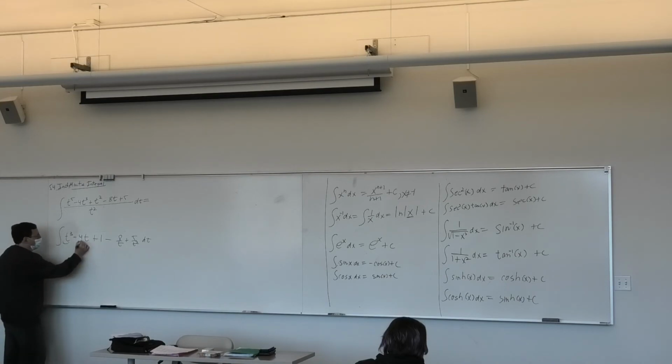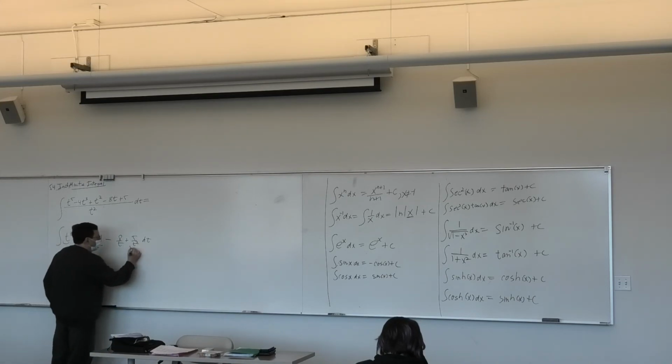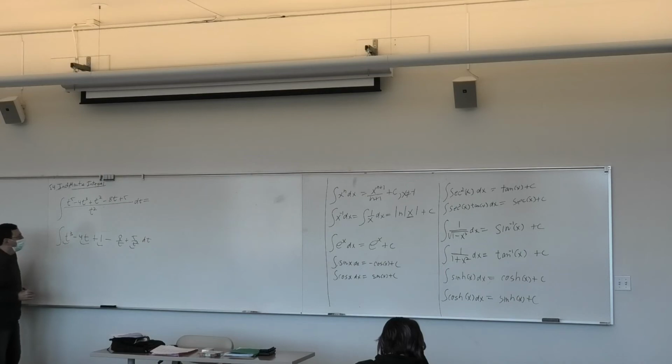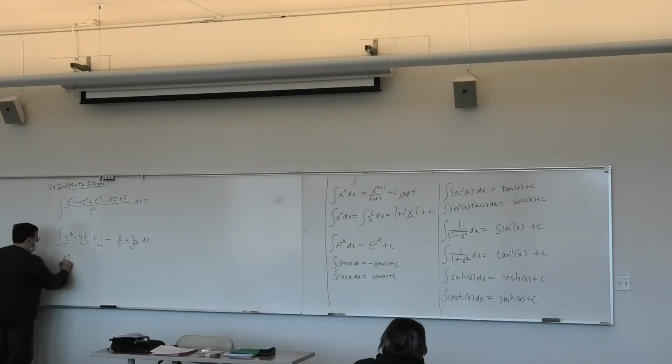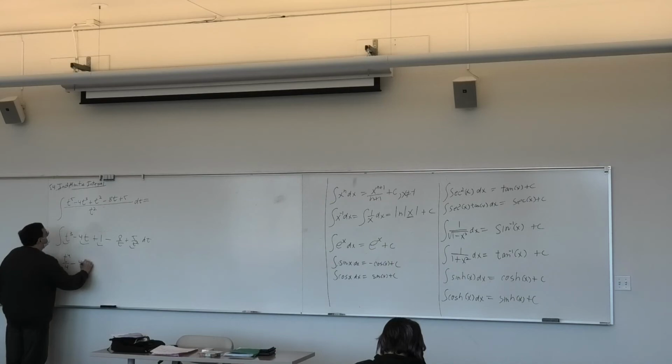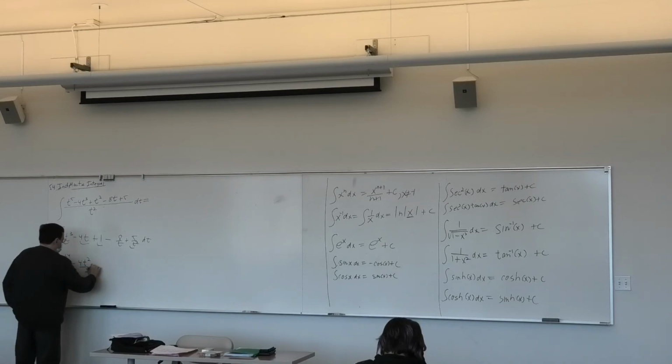So for 1, 2, 3, 4, we're just going to use the reverse power rule. It's going to be t to the 4th over 4 minus 4 t squared over 2 plus t.